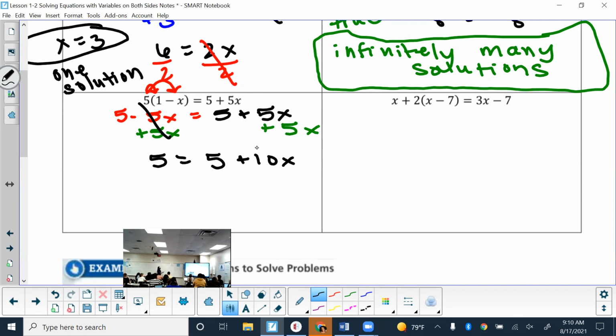All right, now that we're here, solve for x. So what do we get rid of first? And I get rid of it by, so do that on each side. What's 5 minus 5? And since there's nothing else on this side, I'm actually going to write the 0 this time. On the right side, what's 5 minus 5?